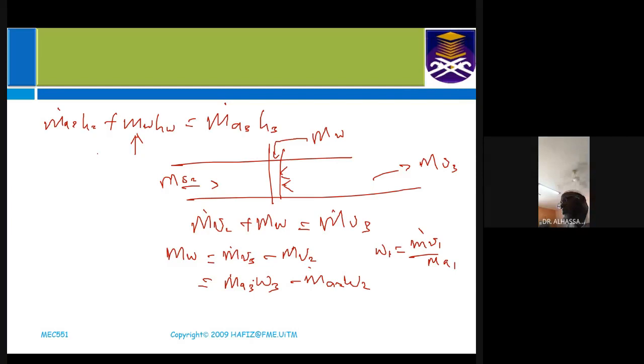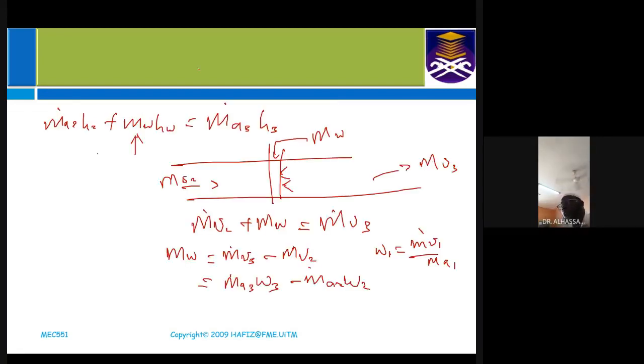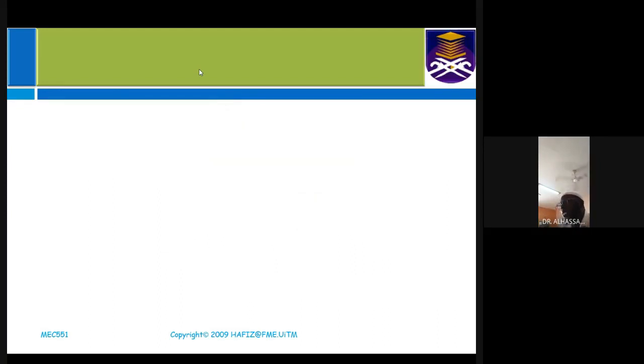So now, carefully, if we substitute that into the main equation, we have MA2 H2 plus, and this now gives me MA3 omega 3.